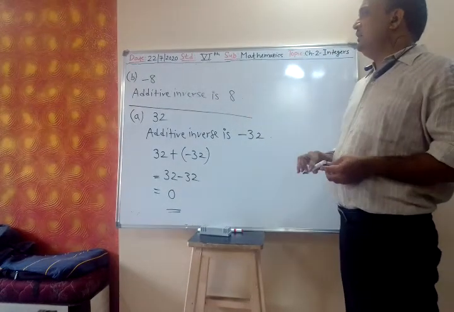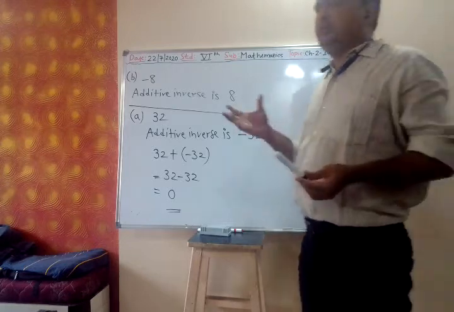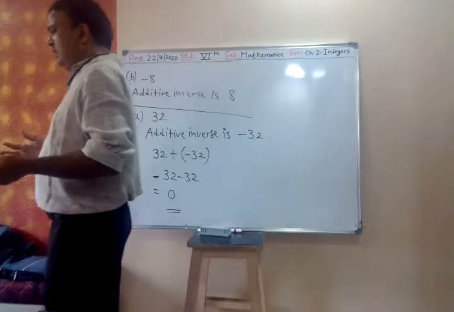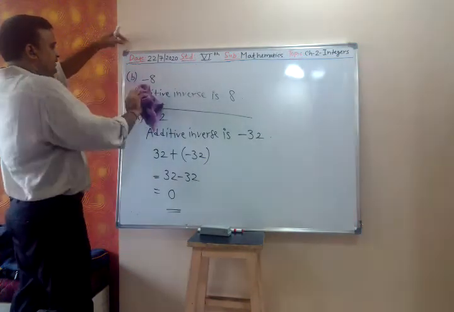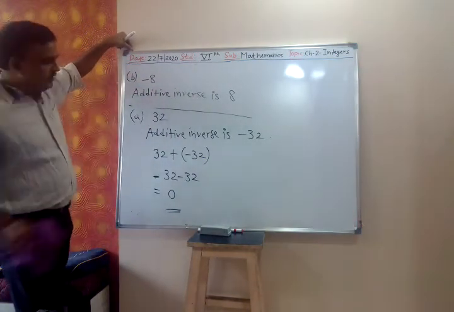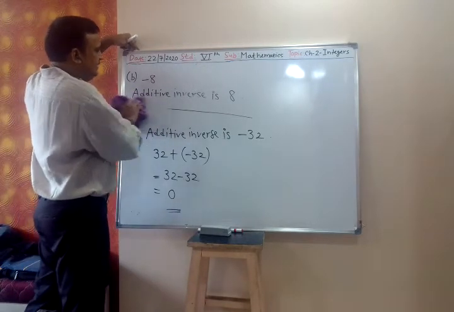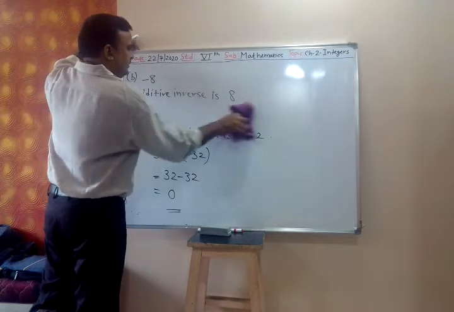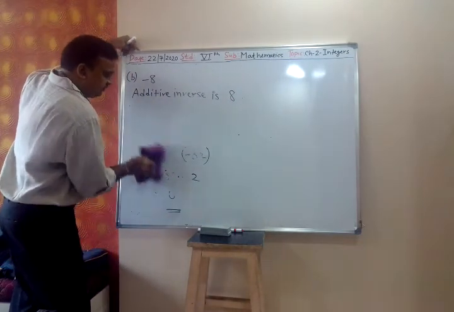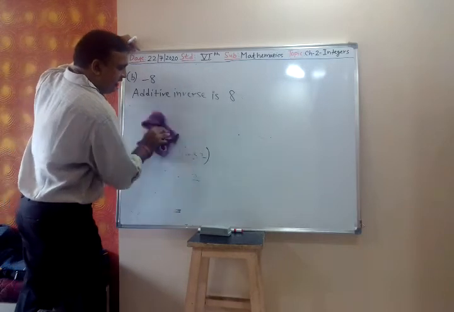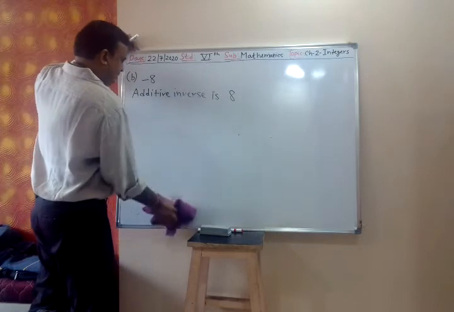Now we have to show that minus 8 plus 8 is 0. You have to show that integer and its additive inverse sum gives you 0. That part you have to show.